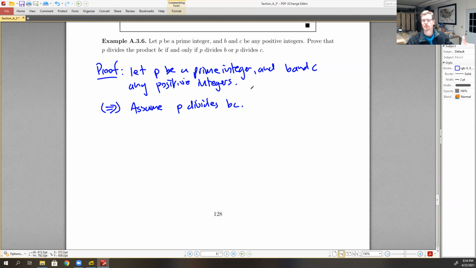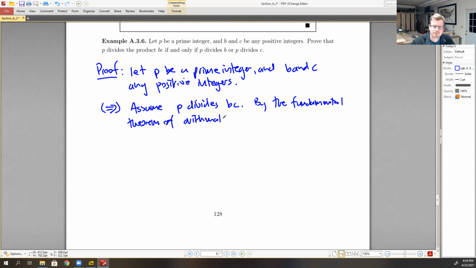It's the fundamental theorem of algebra, the fundamental theorem of arithmetic actually allows us to do that. So by the fundamental theorem of arithmetic, we have every number can be written as a product of primes.